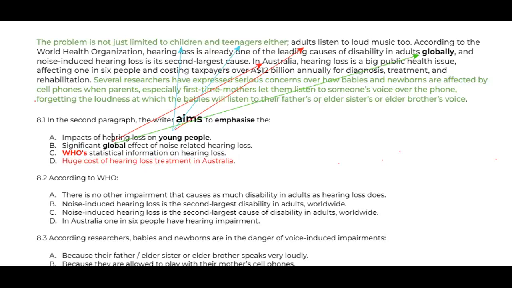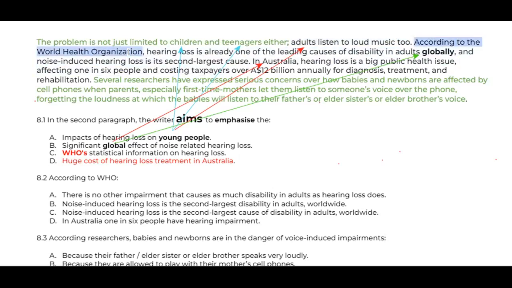Significant global effect of noise-related hearing loss. Let's look at this one. Is the first sentence a global problem? Yes, it is global. Adults listen to loud music too. This is also global, not just adults in India or some countries.